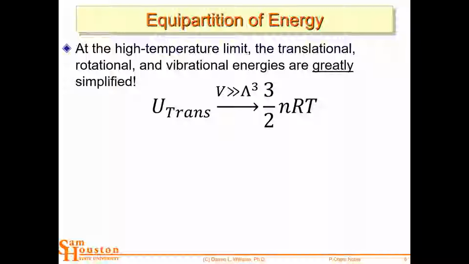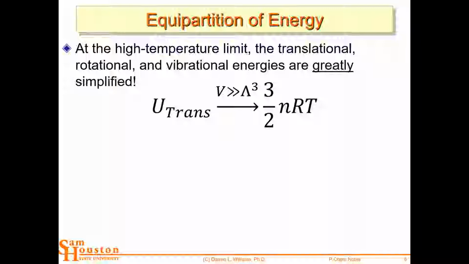For translation, when volume is much, much greater than the thermal wavelength cubed, and that's almost all the cases, right? Thermal wavelengths are down at the sub-angstrom level, and so if we're in a viewable volume, then you're in an equipartition condition for translation.